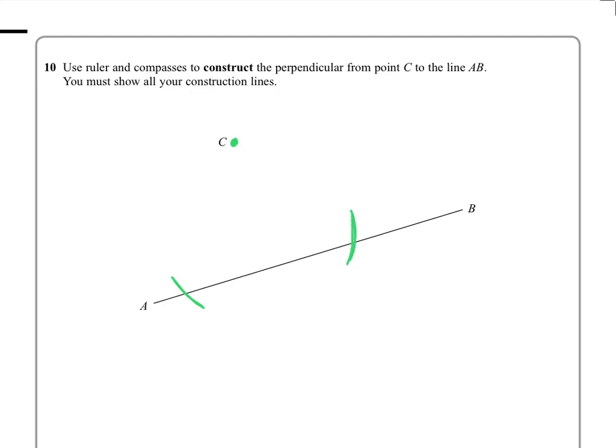And then from these points, I would keep the compass exactly the same distance apart, and I'd put my sharp point here, and then do another part of a circle here, an arc. Then I would change my sharp point to be here, and so on. And then basically I'd link this point up to where these two crossed.